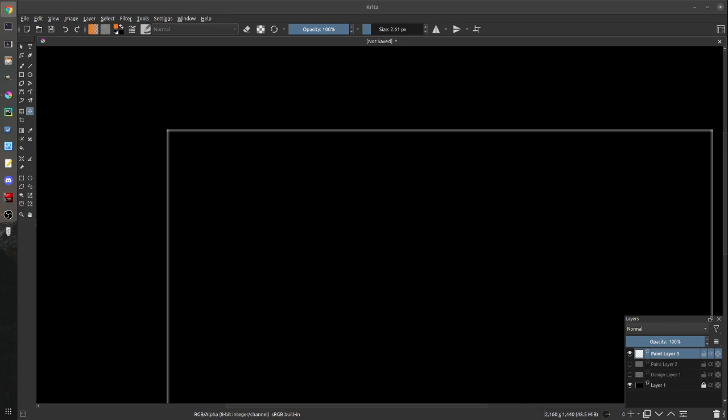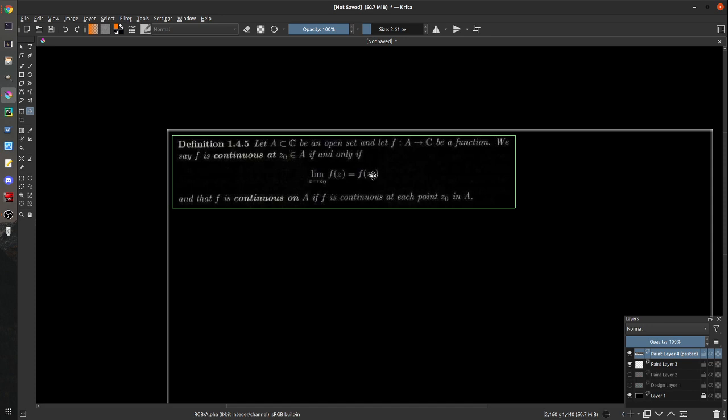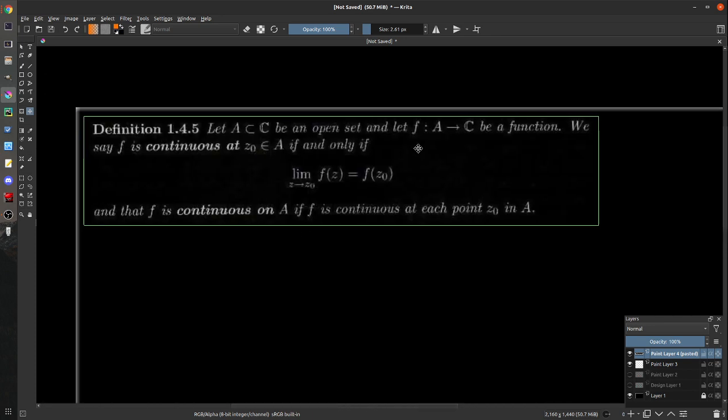But then they finally go on to what we're looking for. Using all of the limit business, we recover what we were able to talk about very easily before. Let's start with an open set in the complex plane and some function from that open set to the complex plane.